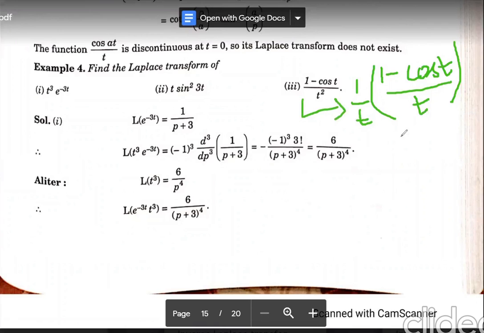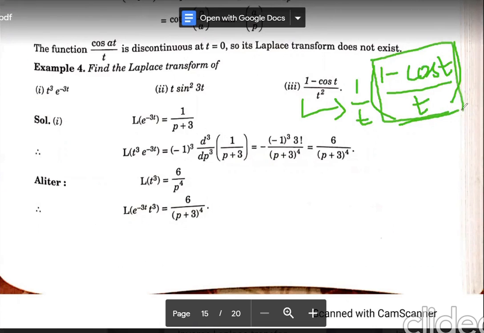So first you find the Laplace transform of this part. Then twice we need to use the property of Laplace transform of f of t by t, twice to get this whole 1 minus cos t by t square. So first we need to find the Laplace transform of this part.